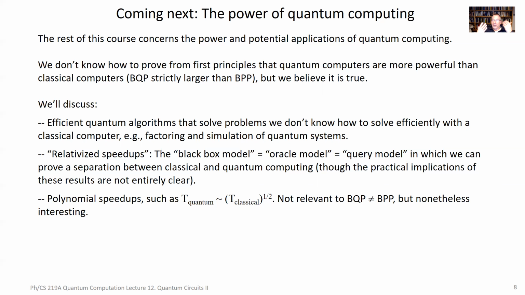An example of a polynomial speedup is a quadratic one, applications for which the quantum computer runs in a time which is the square root of the classical time. Although it's not directly relevant to separating BQP from BPP, it's interesting and something worth discussing. So we'll get to that too.